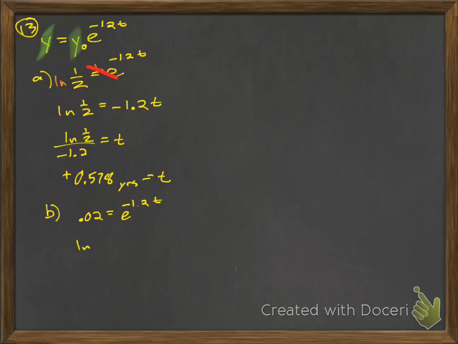So that's 13. Now, part B of that question is, when do I lose 98% of it? And if I lose 98%, that means I am resulting in 2% of the actual original mass. So when do I end with 0.02?